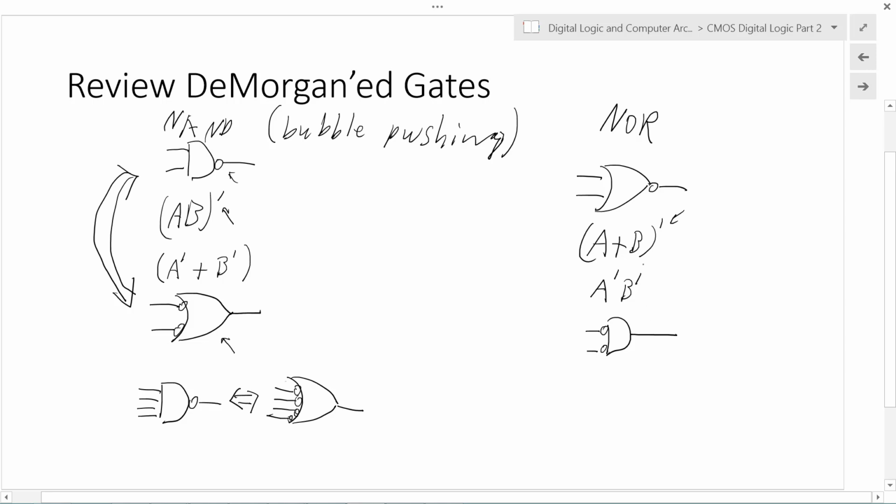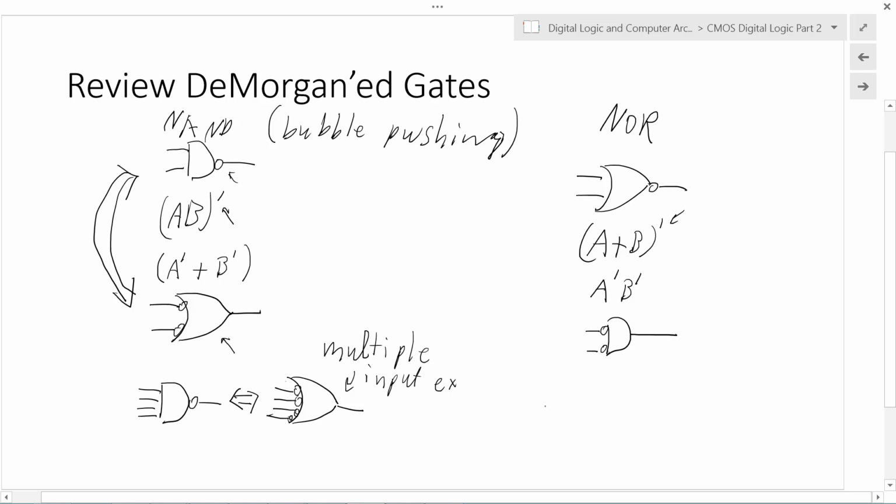The NOR gate can be drawn either way. So this is a multi-input example, and it's the same for NOR gates as well.